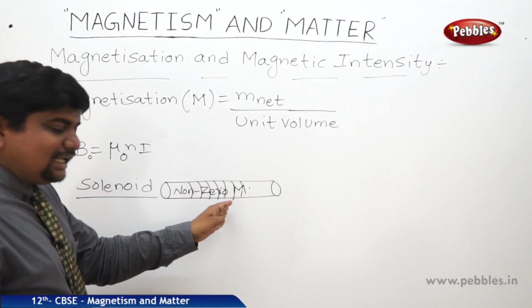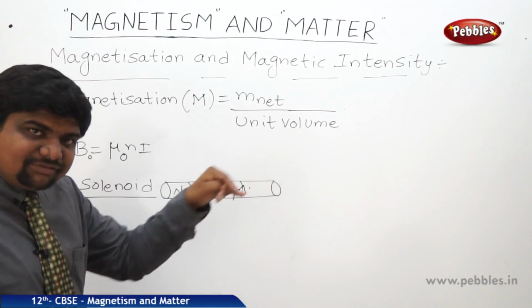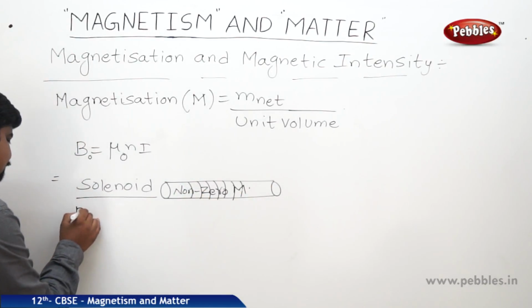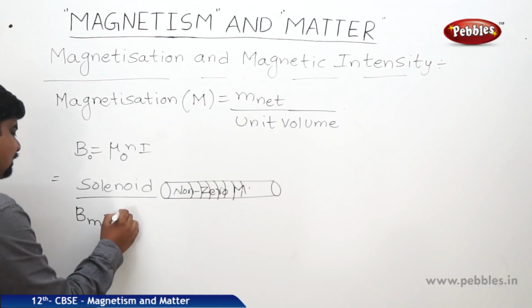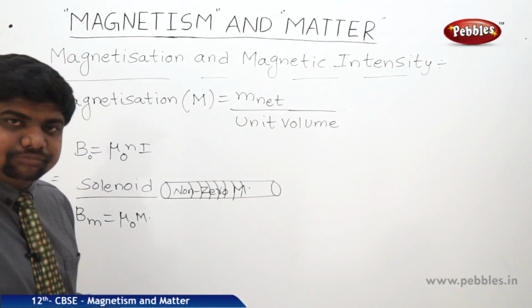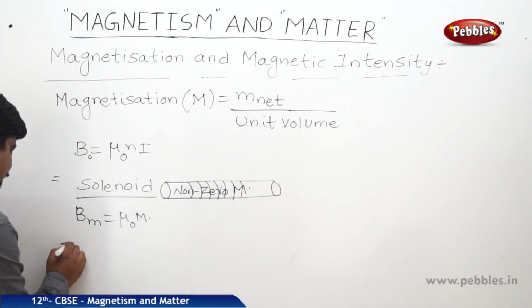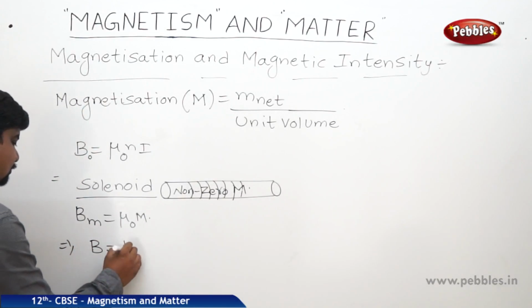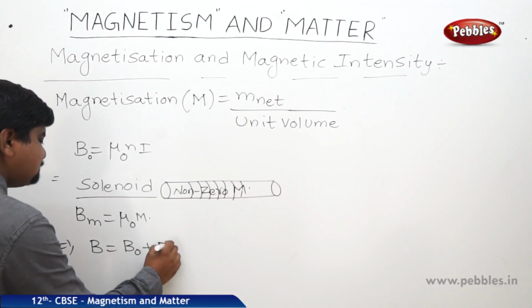The magnetization due to this non-zero magnetic substance will be Bm, which we can write as mu naught into M. So we can write B is equal to B naught plus Bm.